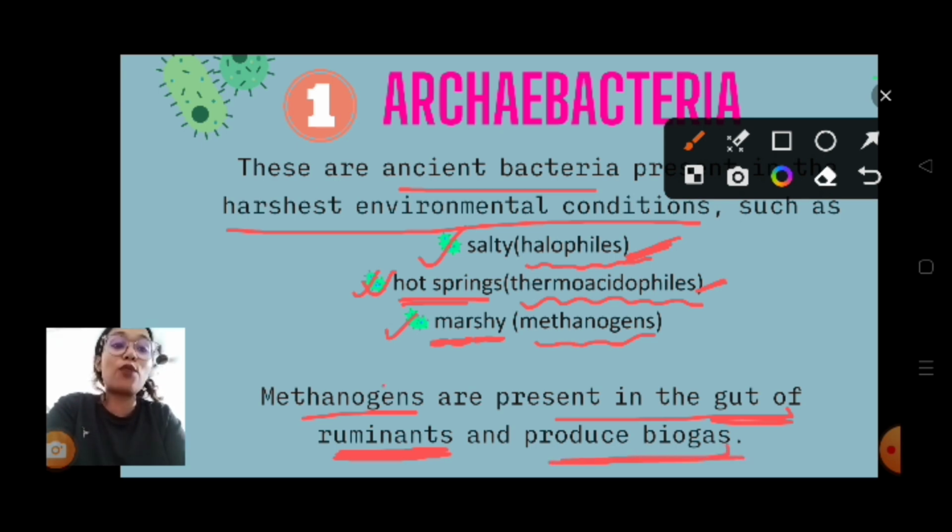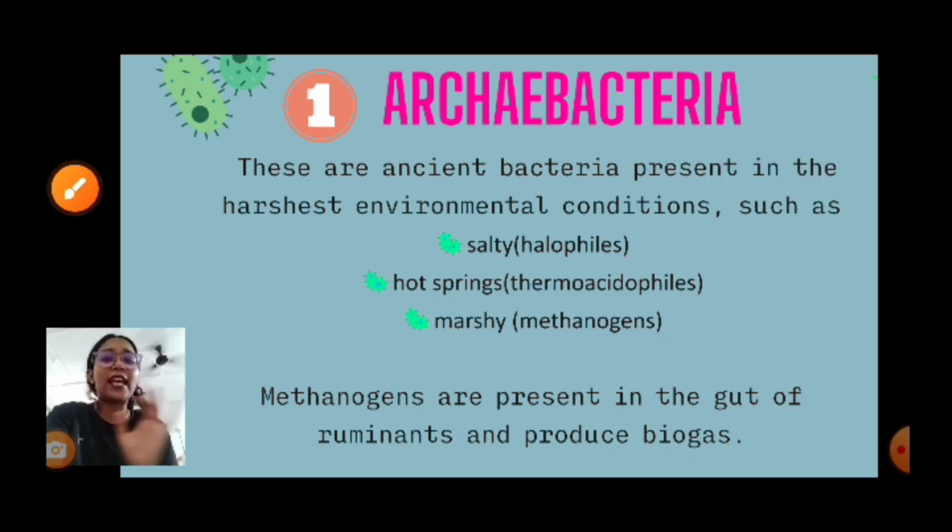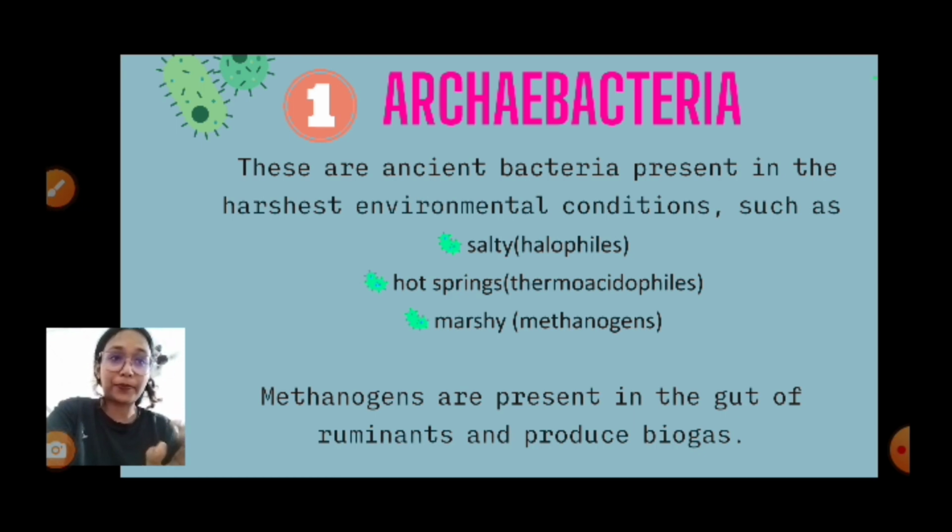This bacteria which lives in the gut of ruminants produces biogas. So these are a few examples of Archaebacteria: halophiles, thermoacidophiles, methanogens. They are ancient bacteria which can survive in extreme harsh conditions.